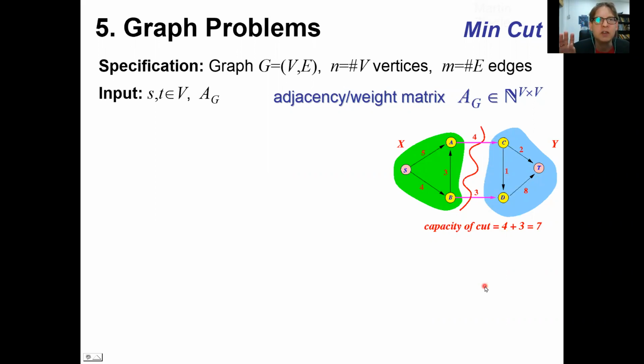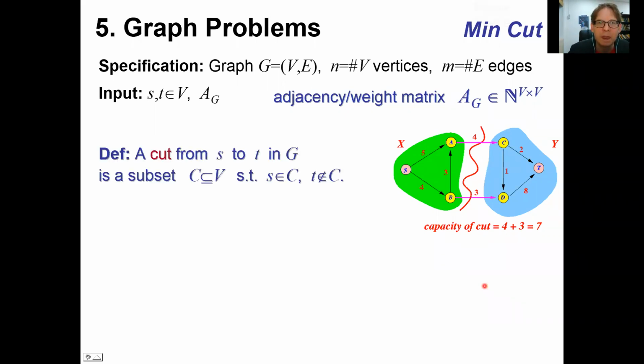We have a partition of the vertices, and the partition induces a cut, which is a subset of the edges. Which edges? Those edges that go from the first part of the partition to the second part. Not the edges that remain within the first part, not the edges that remain in the second part.